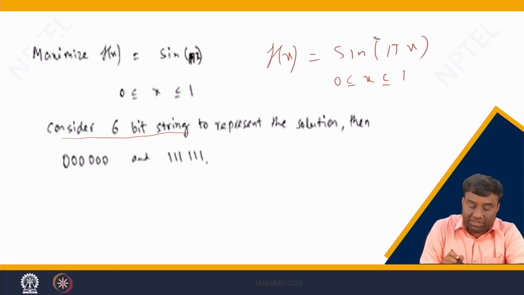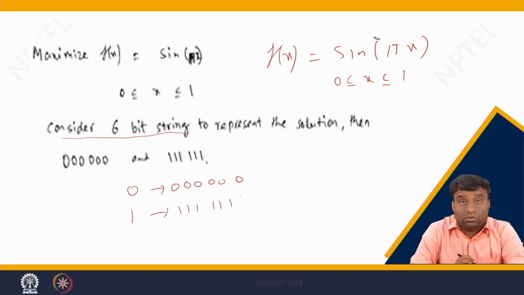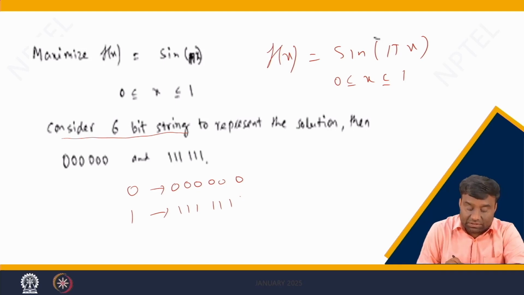So the 6-bit means 0 can be written as six 0s, and 1 can be written as six 1s. So our initial population can be anything from 000000 to 111111, any value. So how do we convert it to decimal?